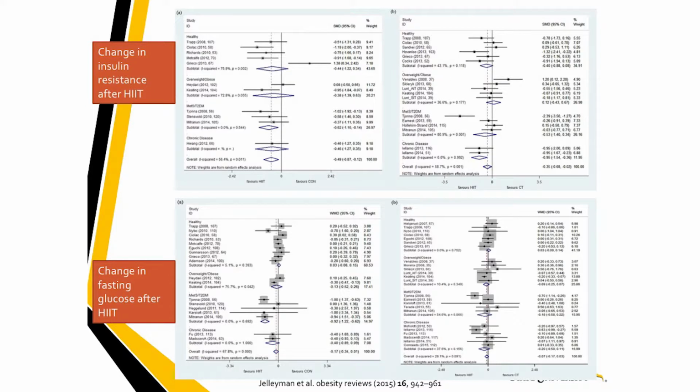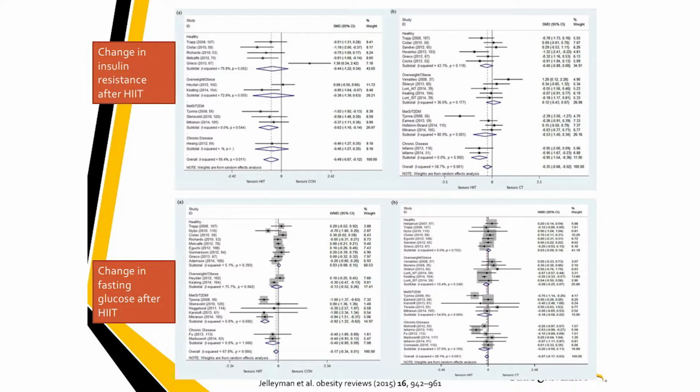I was hoping this could be seen better, but these are the findings. Again, it's the same style of information we've been looking at throughout. You have a zero marker, and it tells you how it moves either right or left, depending on whether it favors high-intensity interval training or moderate intensity.